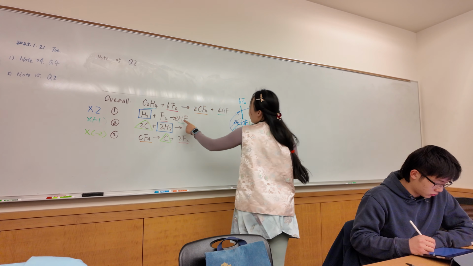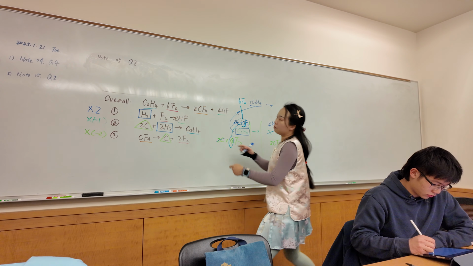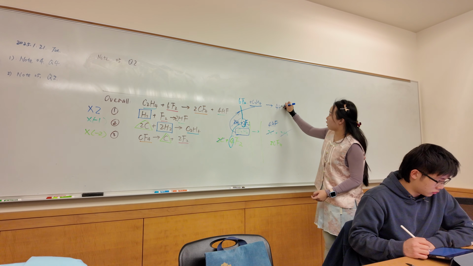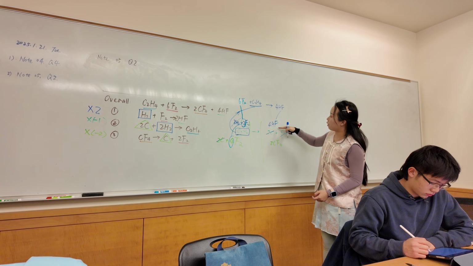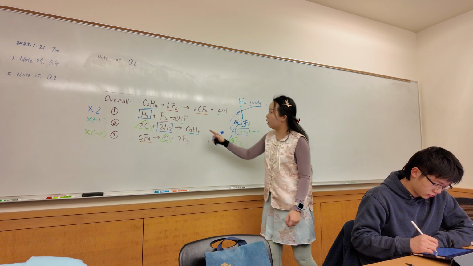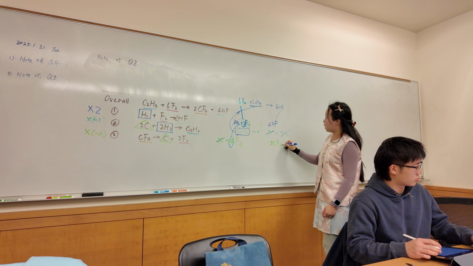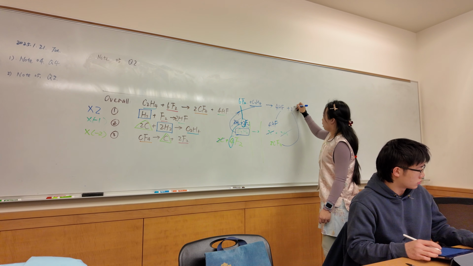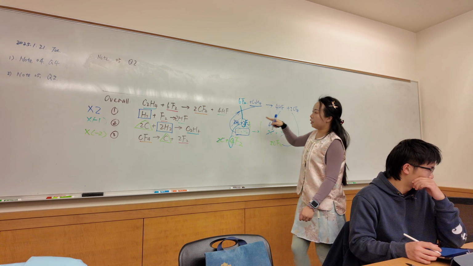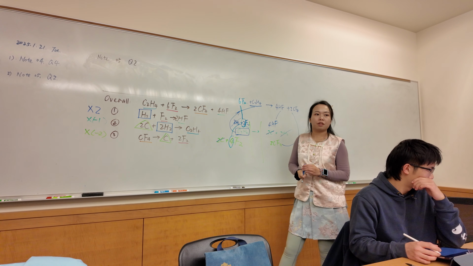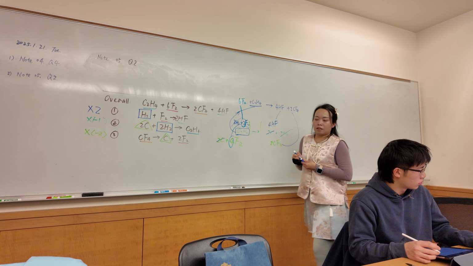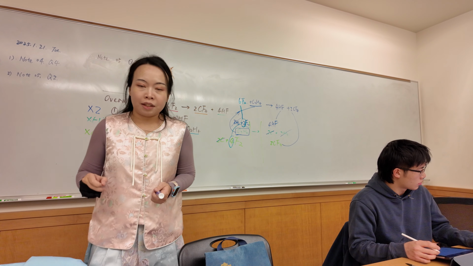So 2HF, after we multiply everything by 2, is 4HF. 4HF was from here, and 2CF4. 2CF4 was from here. So that's overall exactly like this overall. Make sense? Okay, let me stop the video then.